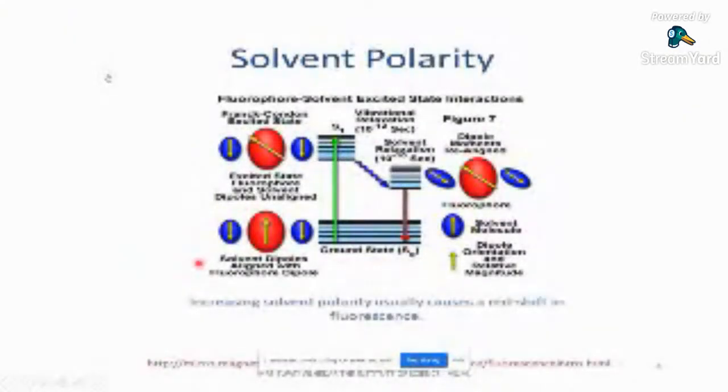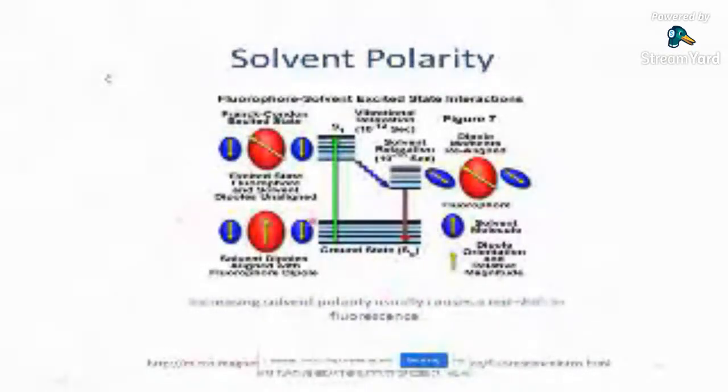Now, solvent polarity. If you go on increasing the polarity, the dipole moment should increase, and along with the dipole moment there will be some changes in the polarizability factor also, depending on the electric field which is being applied, which causes a red shift in the fluorescence, as we have seen in the earlier video where the green has been shifted to the red side for fluorescence.